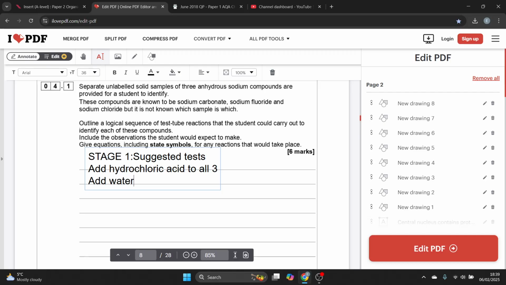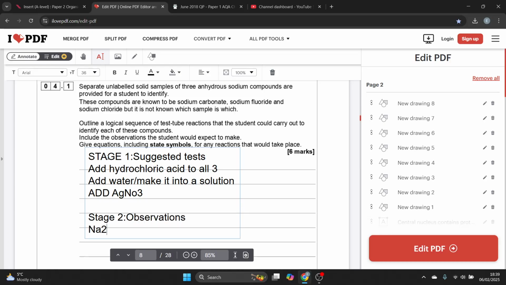Add water or make it into a solution. Add AgNO3, silver nitrate. Now the observations, your expected observations.